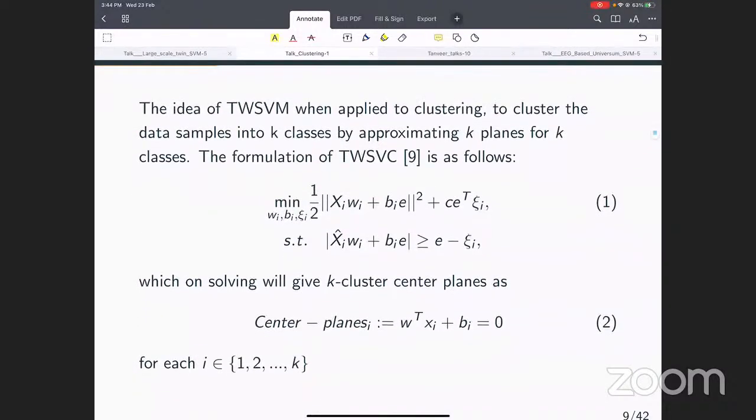You can see equation 1 here: the norm of X_i w_i plus b_i e, squared, plus c e transpose xi, subject to the constraint: the absolute value of X_i w_i plus b_i e is greater than or equal to e minus xi.